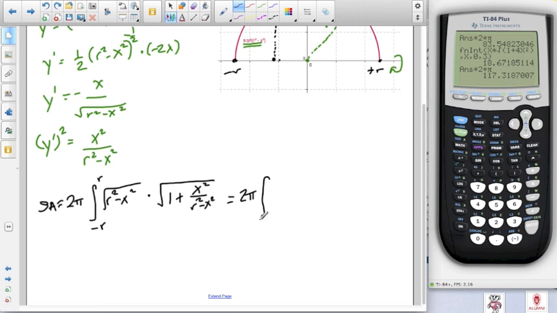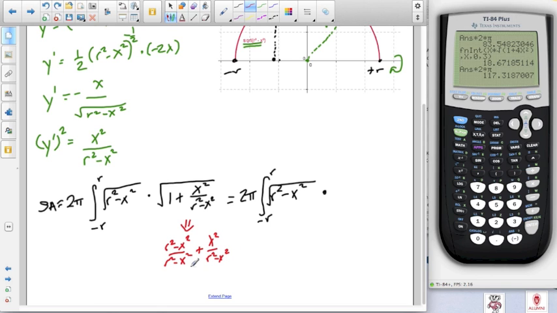This looks a little scary, but it really ends up being not too bad once we simplify it. So from minus r to r, and I'm going to go ahead and get this as one fraction. So I'm going to leave this alone. R squared minus x squared, square root, times, and I'm just going to do a quick and dirty simplification here. This, of course, is r squared minus x squared over r squared minus x squared, right? That's the way of writing 1, plus x squared over r squared minus x squared.